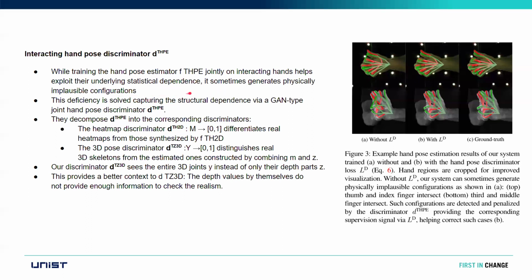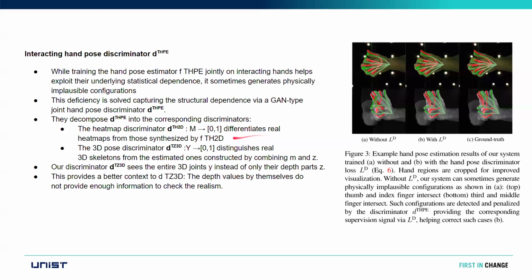And as we said earlier, sometimes the results of just detecting 3D key points, like in this first image, for example, are not physically possible. So they solve this by capturing the structural dependency via a GAN-type joint hand pose discriminator. This consists of two discriminators.